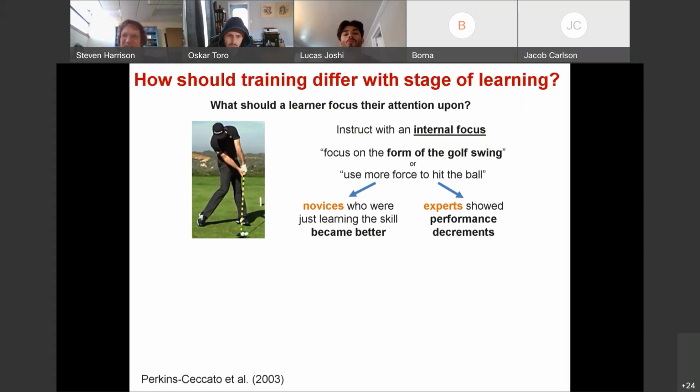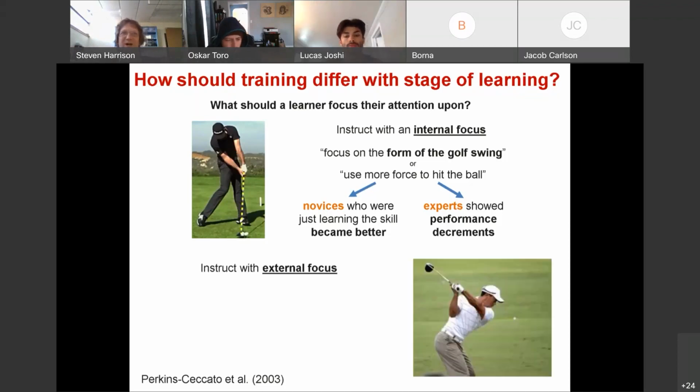So you can map this quite nicely onto the Fitts and Posner three stages. This is the reason why we're talking about this after the Fitts and Posner three stages of learning, and it fits really nicely with the postural control results of Huxhold.